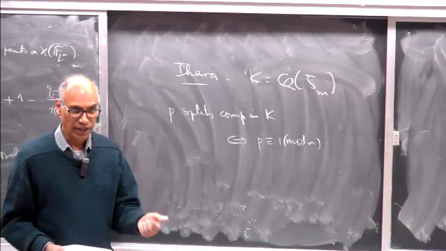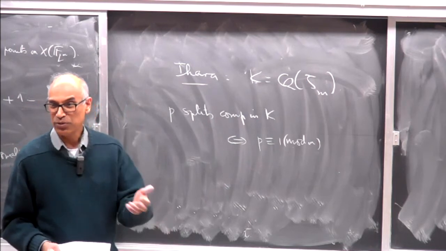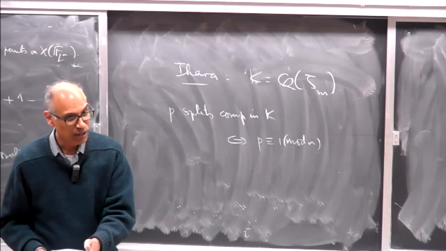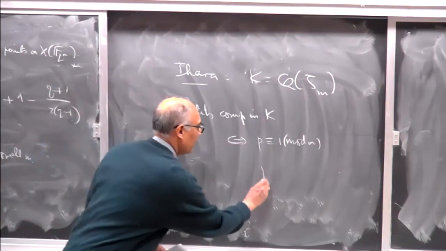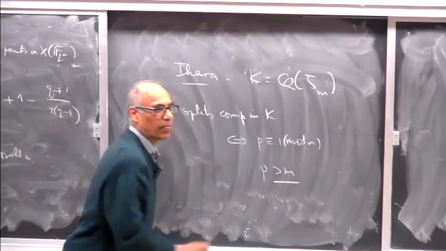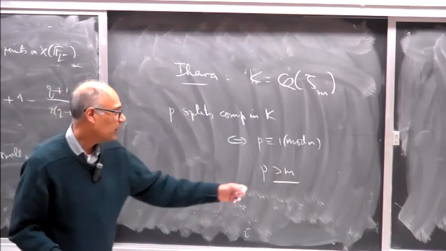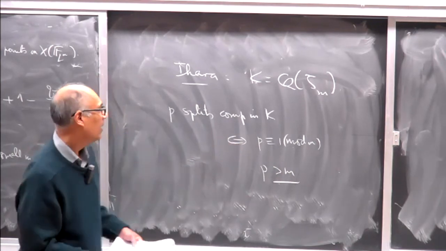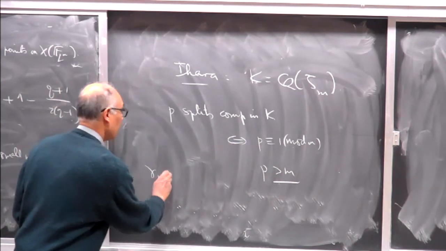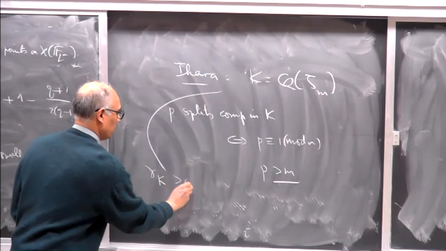Well, you could start with 1. Well, 1 is not a prime. Then the next one is M plus 1, possibly might be prime. Then 2M plus 1. Whatever it is, this prime has to be at least M. And so from one point of view, there are no small primes that split completely. And therefore, his conjecture was that gamma K, in this case, should be positive.